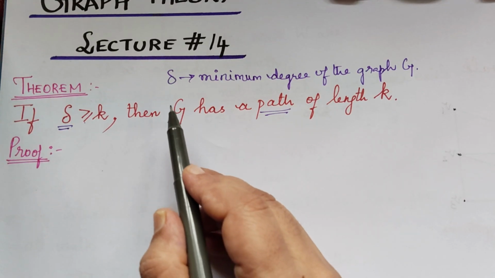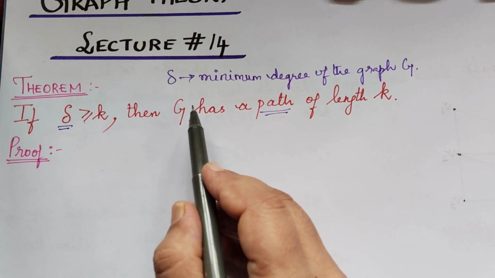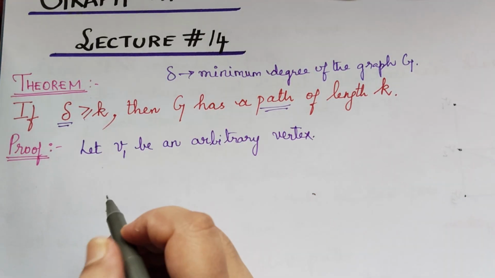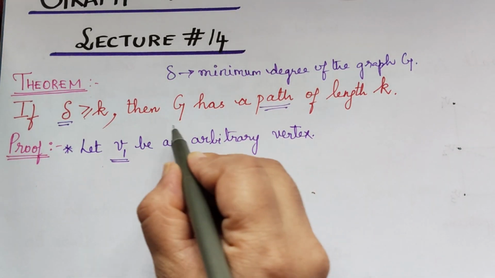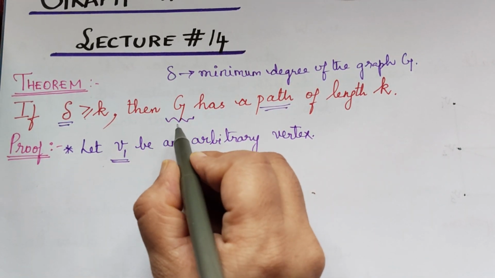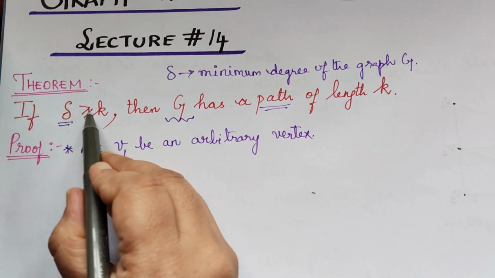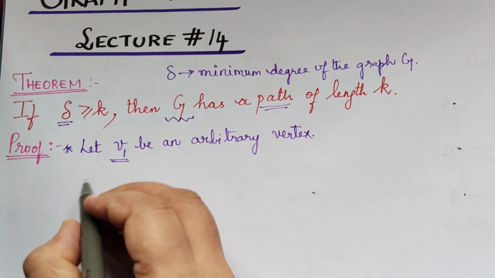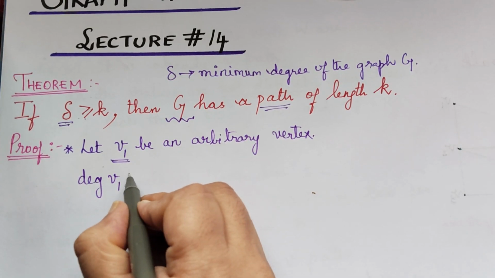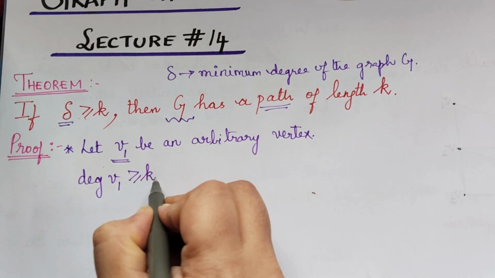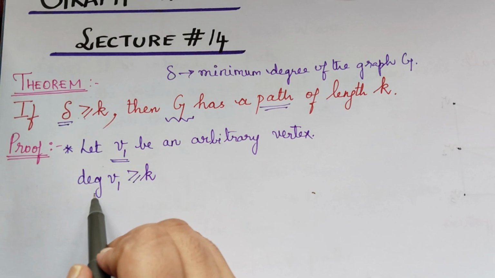And we will consider an arbitrary vertex V1 of this graph. Since V1 is an arbitrary vertex of G, and the minimum degree is greater than or equal to k, how about the degree of V1? It will be either k or greater than k, because the minimum degree itself is greater than or equal to k.